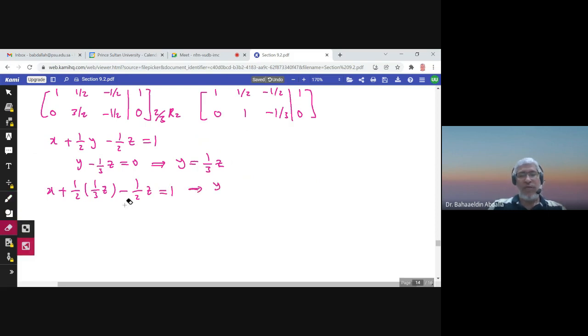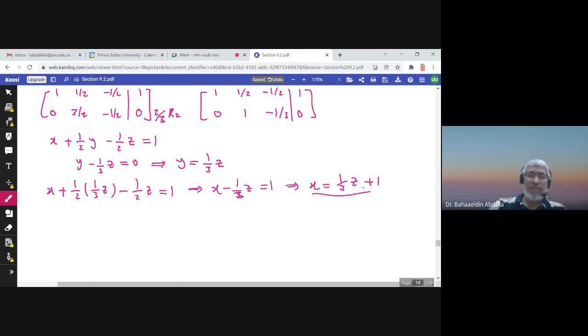So I have x plus 1 over 6 z minus half z. Well, 1 over 6 minus half is negative 1 over 3 z, equals 1. So x in fact is 1 over 3z plus 1.